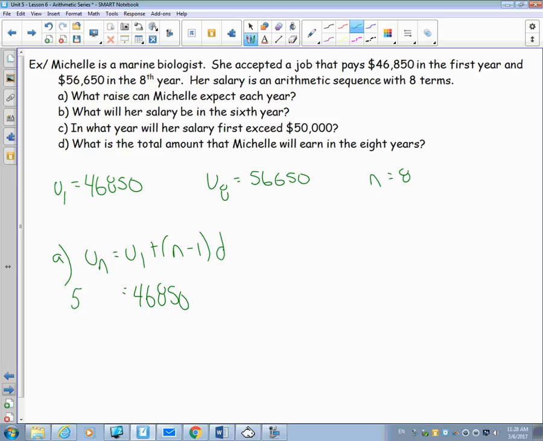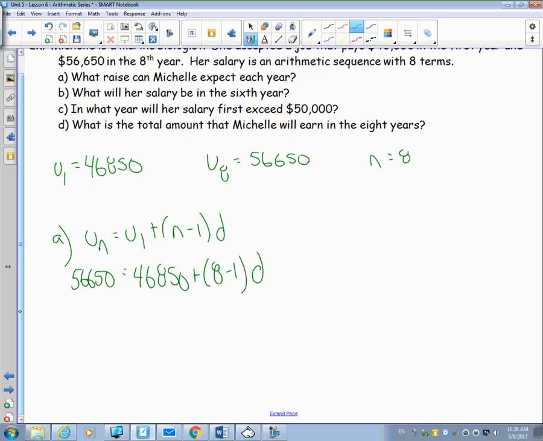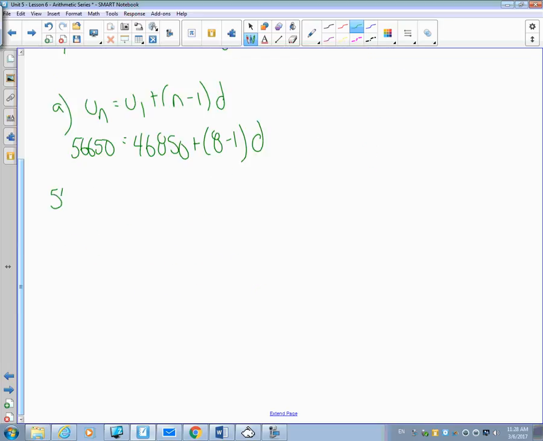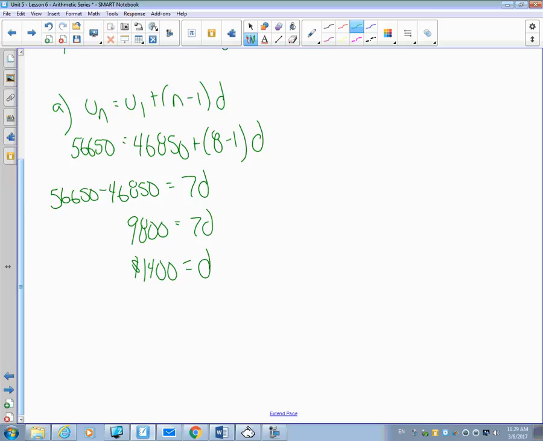So if I use that one as my Un, the last term, it would be term number 8, 8 is n, I can solve for d. I'm going to put the numbers on one side, 56,650 minus 46,850 equals 7d. If I subtract, I get 9,800 is 7d, and divide by 7, and d will be $1,400. There's her raise each year.